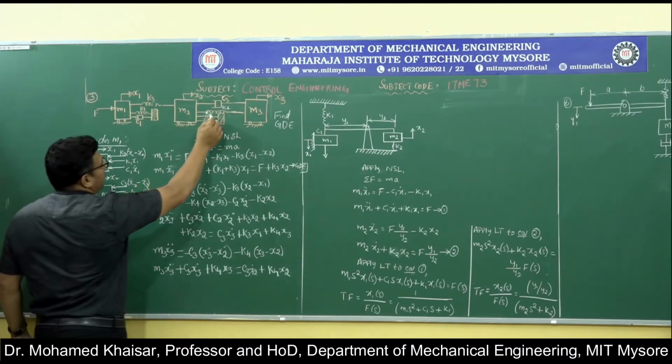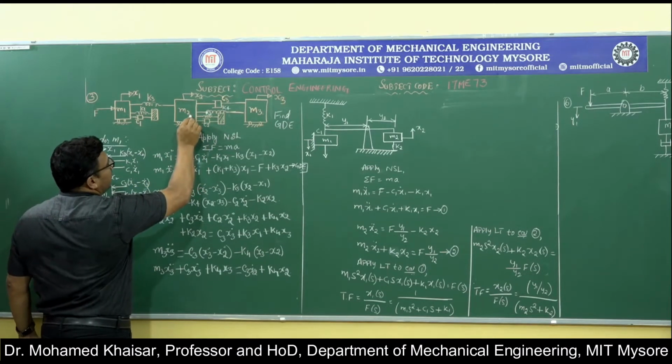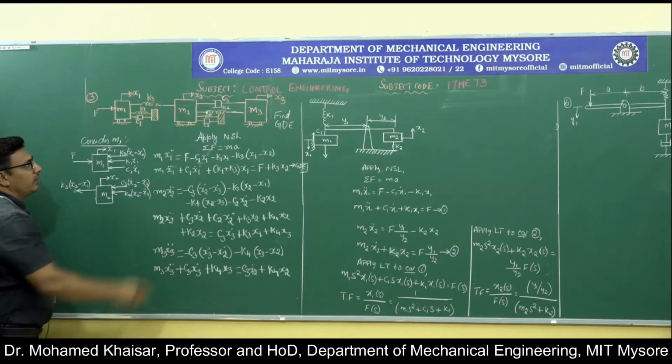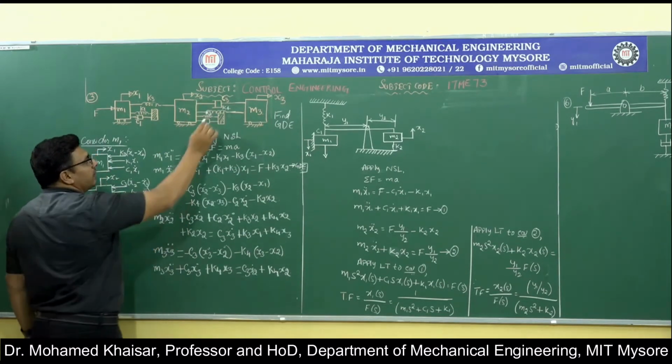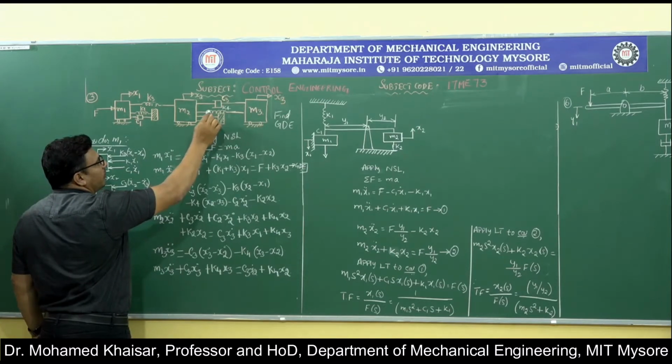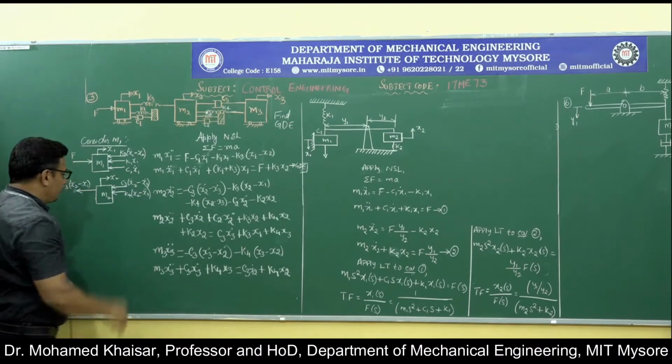Then, there is a spring of stiffness K2 connected only to m2, not to m3. So whenever m2 gets displaced by a distance x2, this spring of stiffness K2 is going to offer the resisting force in the opposite direction, equal to K2 into x2 alone.